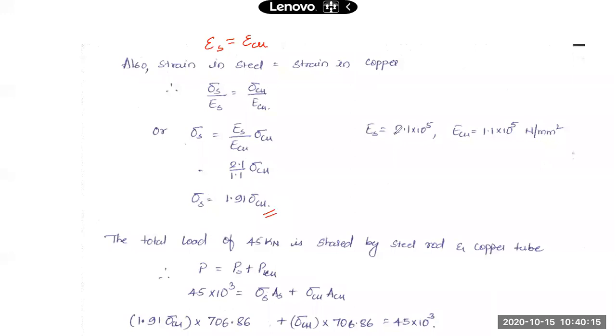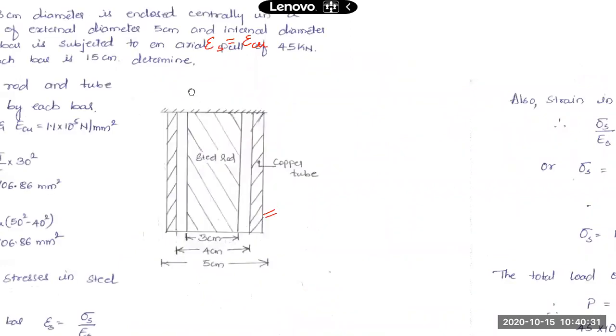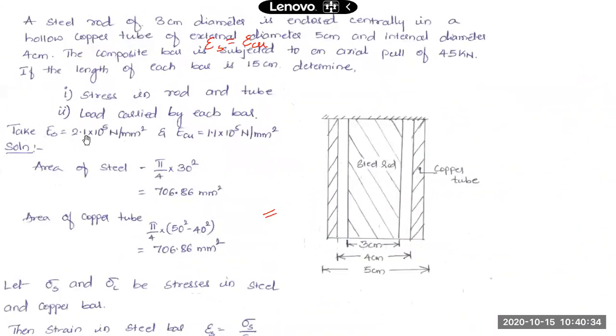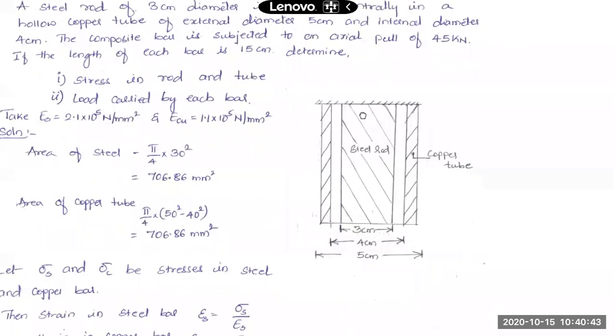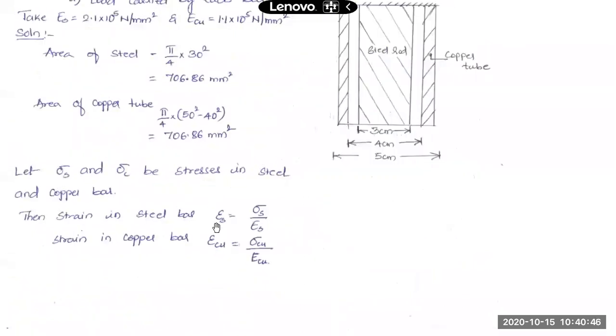On substituting for E_S and E_Cu, Young's modulus of elasticity for steel and for copper, these are the values given to us. The modulus of elasticity E_S is 2.1 into 10 raised to 5, E_Cu is 1.1 into 10 raised to 5. Also we have expressed the strain in both the bars in terms of stresses.